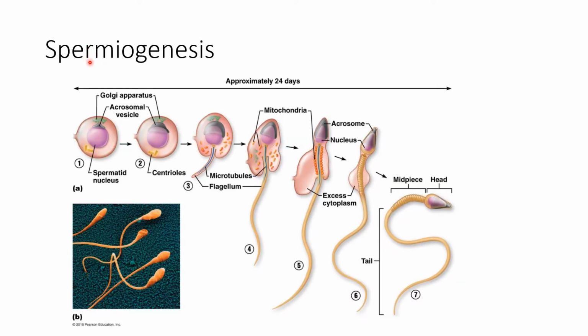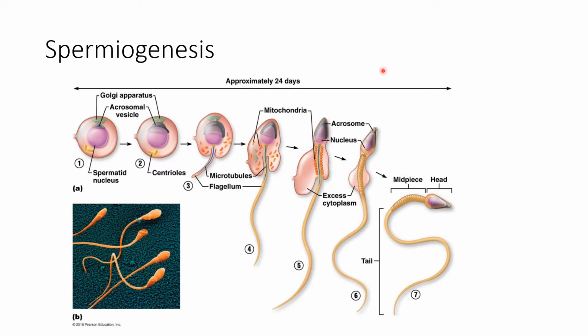We're not going to go over it in too much detail, but as you can see, it takes about 24 hours really for the sperm to start becoming mature and look like the sperm with the head and with the tail.